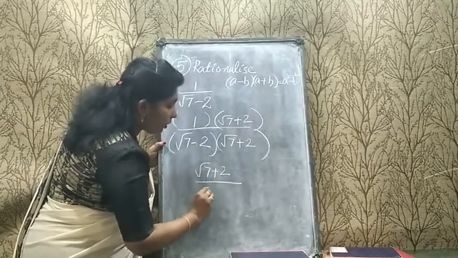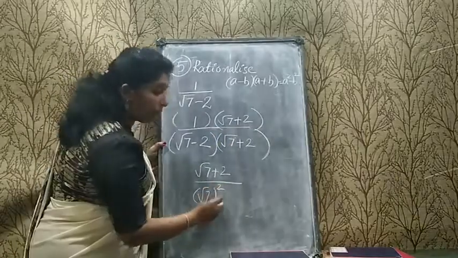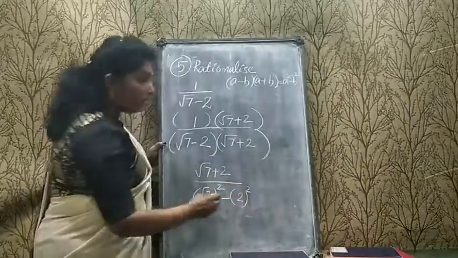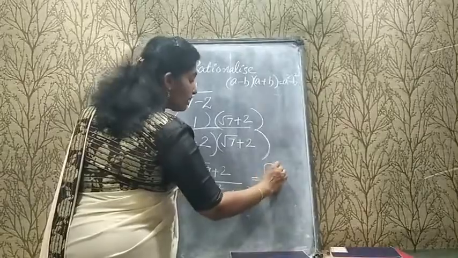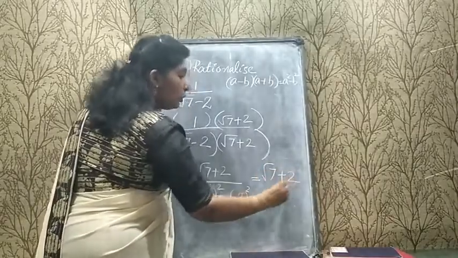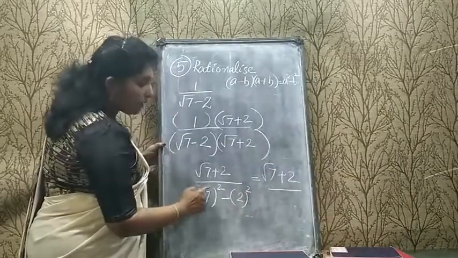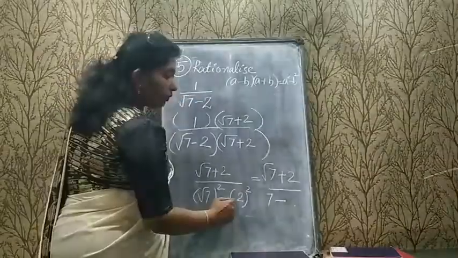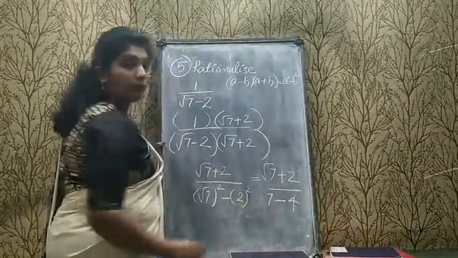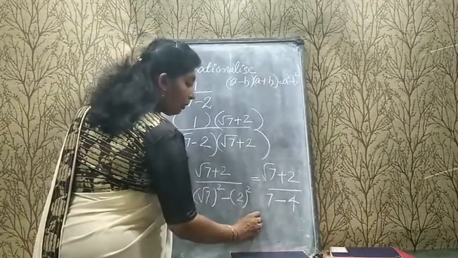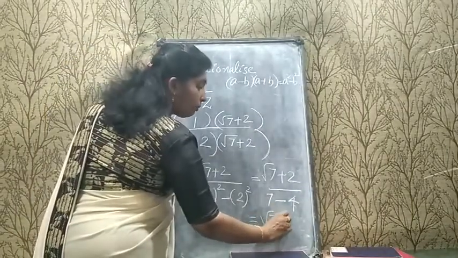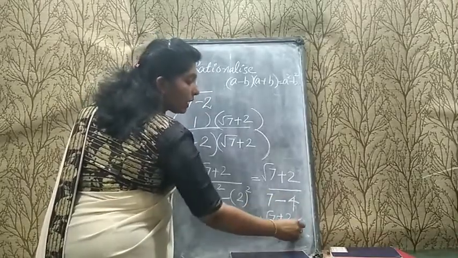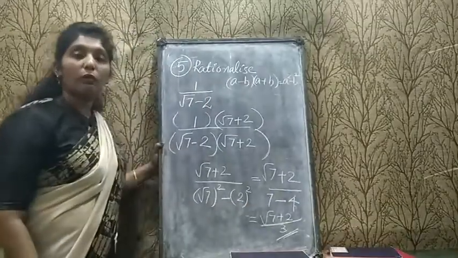A square means root 7 square, minus b square, b square means 2 square. That is equal to root 7 plus 2 divided by root 7 square, which is 7, minus 2 square, which is 4. That is equal to root 7 plus 2 divided by 7 minus 4, which is 3. This way you have to solve this question.